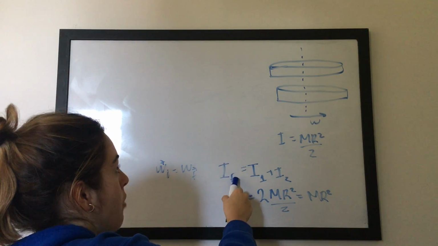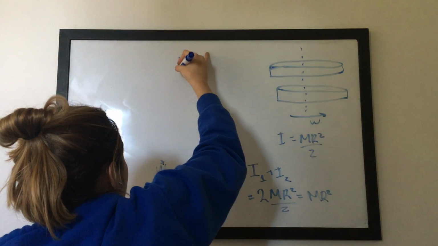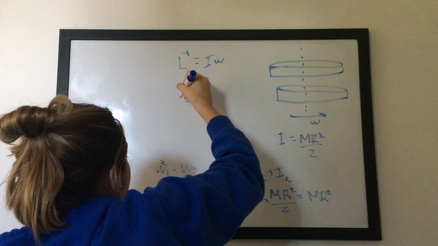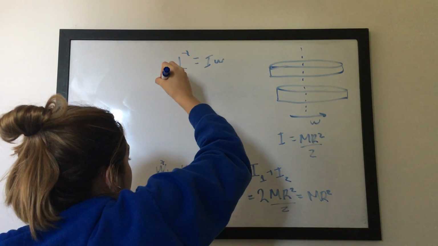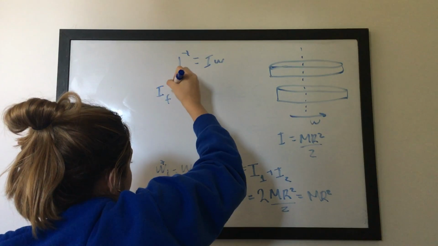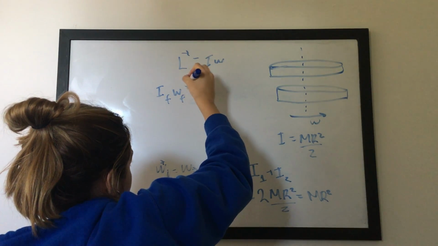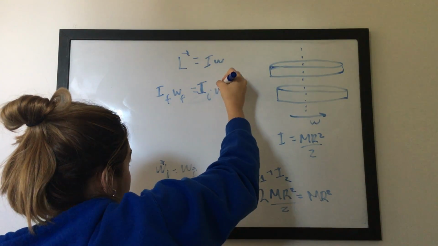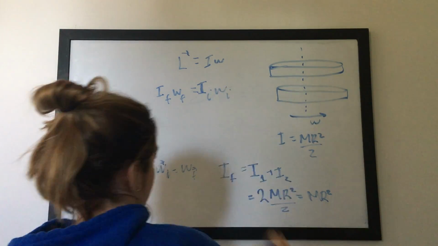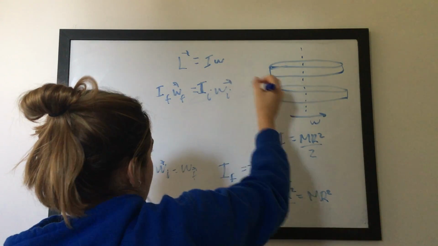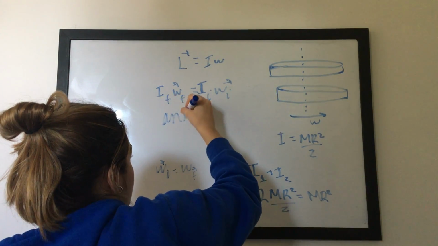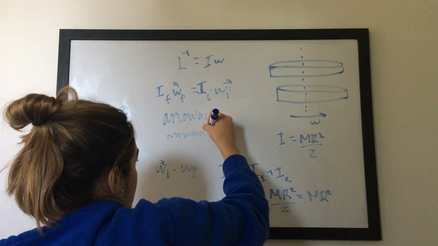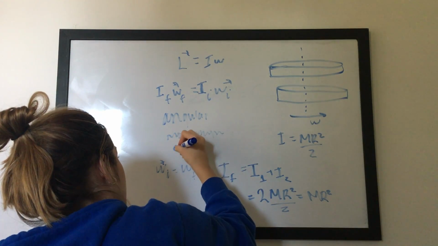So given these two properties and the formula for angular momentum, we can conclude that inertia final times angular velocity final is equal to inertia initial times angular velocity initial, which basically says that angular momentum is conserved.